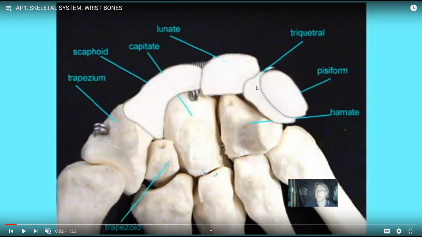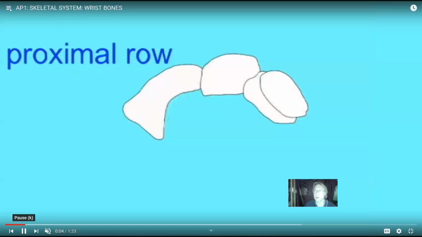So here's 1, 2, 3, 4 bones on the row which faces the bones of the forearm, and then there will be 1, 2, 3, 4 on the row that faces the fingers. So there is a proximal row of 4 bones, and there is a distal row of 4 bones.